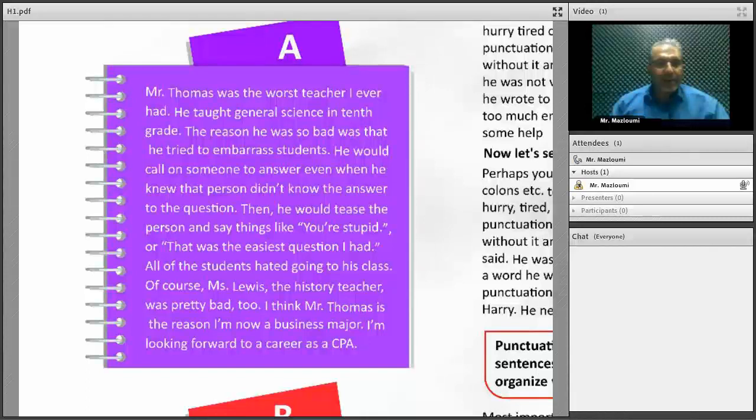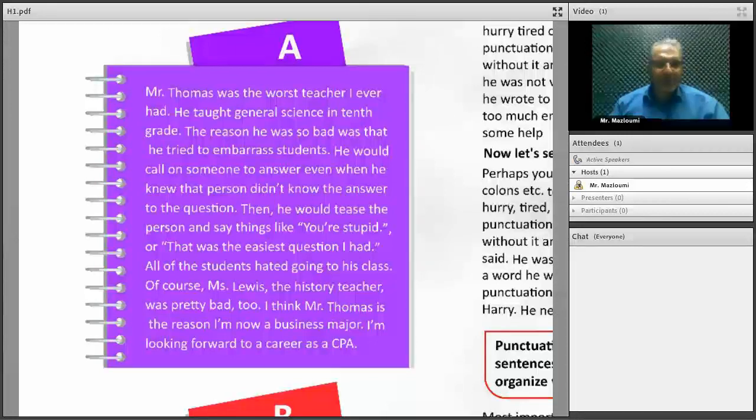Grade, a year at school. The reason he was so bad was that he tried to embarrass students. Embarrass means to humiliate, make them feel ashamed and shy.